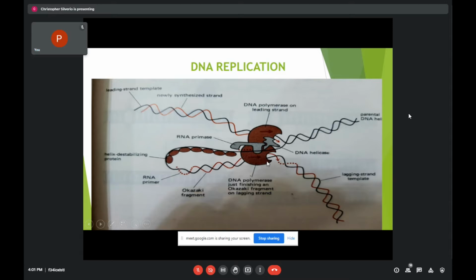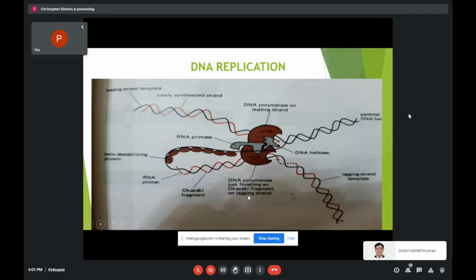Then after that, it will stop. The replication of the lagging strand will stop. And then another RNA primer will be synthesized. And then the DNA polymerase will bind into the RNA primer, and then it will again synthesize a new DNA lagging strand.